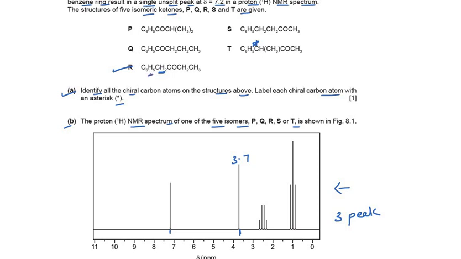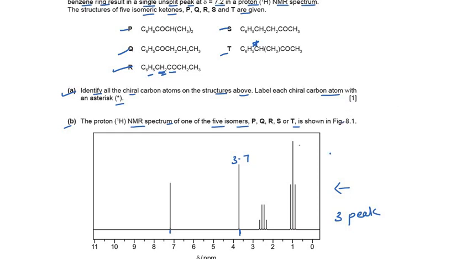That is, the carbon on the benzene ring will have no proton because it's bonded to the CH2 group. Then there is a ketone group beside this carbon, again having no proton. And if you have a look at the other 4 isomers, you will see that there is no such proton which is going to produce a singlet at 3.7 ppm.